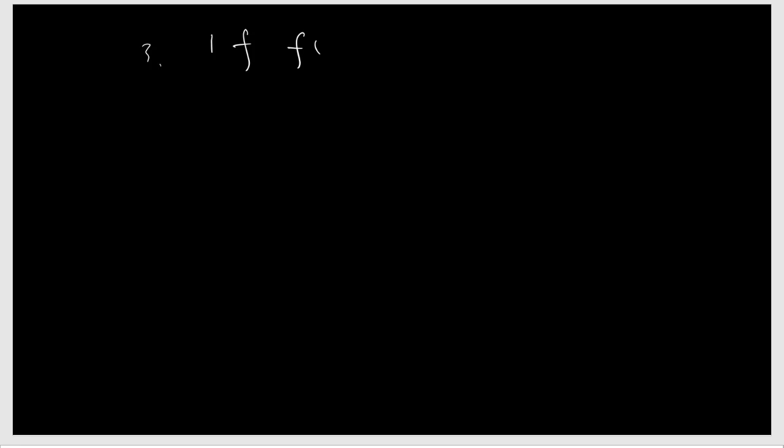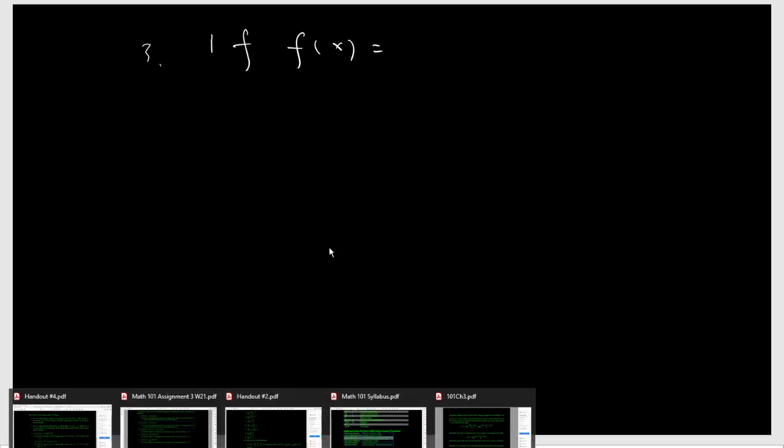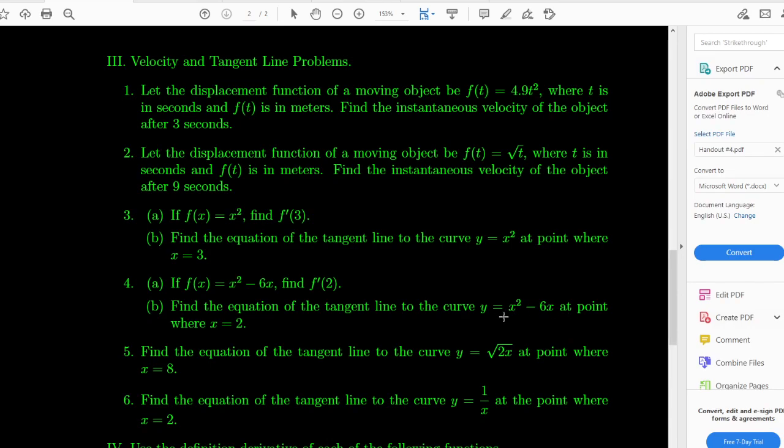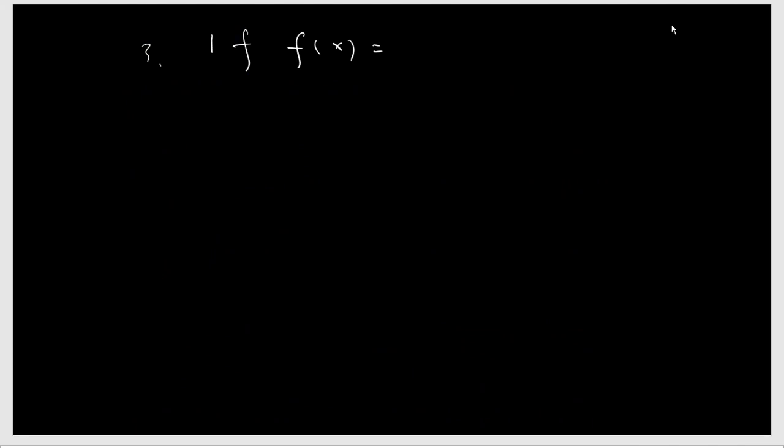I'm not going to talk about the physical meaning. I will use that function, x squared minus 6x. Can I make the function a little bit more complicated? And then plus 2.